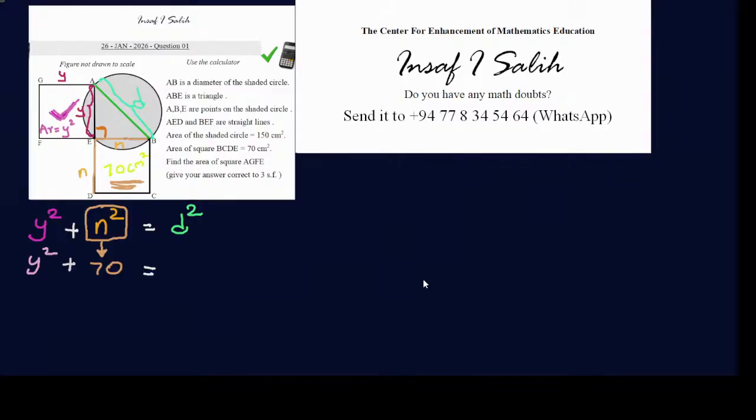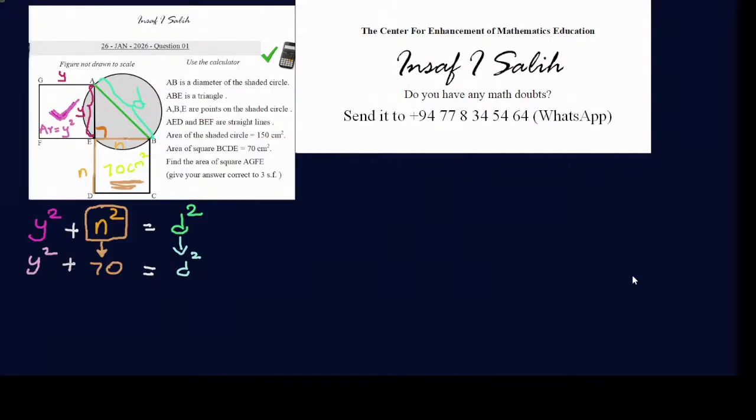Do we know what d squared is? No, not yet. Since we don't know d squared, we cannot find y squared. So let's focus on finding the value of d squared.